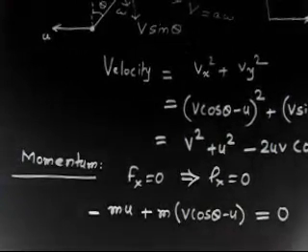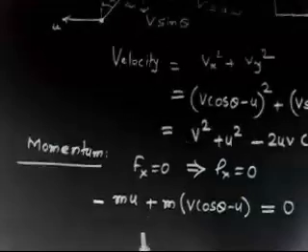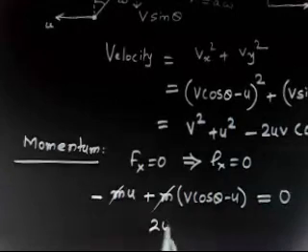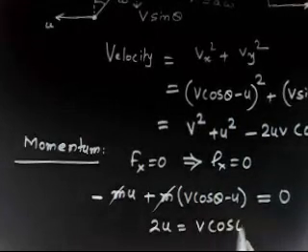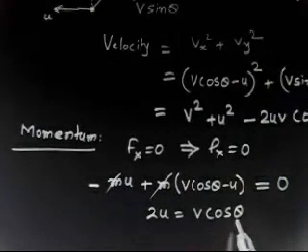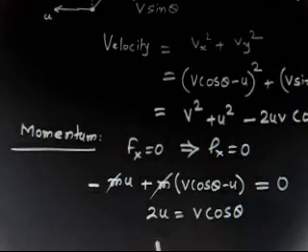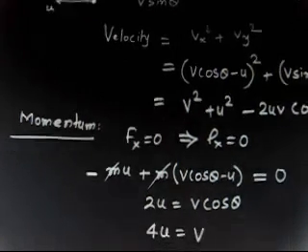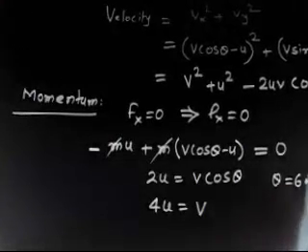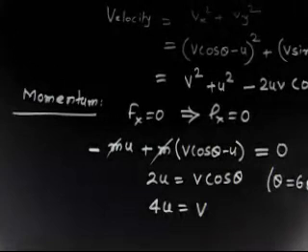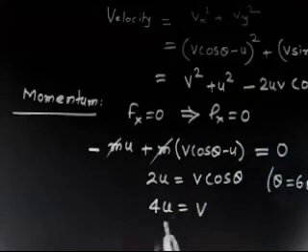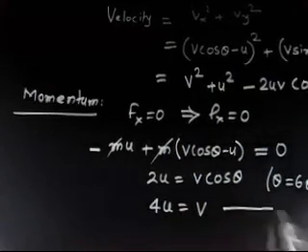The total is equal to 0. So m goes out, and you have 2u equals V cos theta. Now for the special case theta equals 60 degrees, cos 60 is 1 by 2, so V equals 4u. Let us say this is my equation number 1.